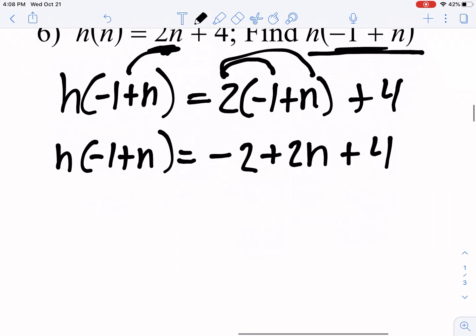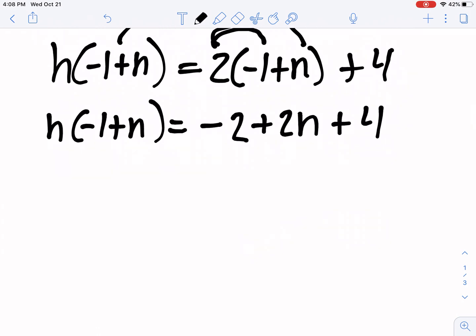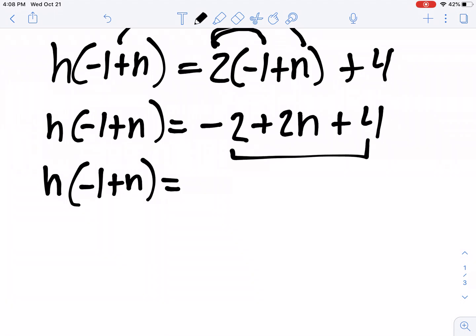Now, the next step is the addition subtraction part, but in this case we're thinking in terms of combining like terms to simplify things. So we want to combine like terms to simplify things. So I have h, okay, my function h of negative 1 plus n equals, what can I combine together? What like terms can I put together? Well, numbers with numbers, right? A negative 2 and 4.